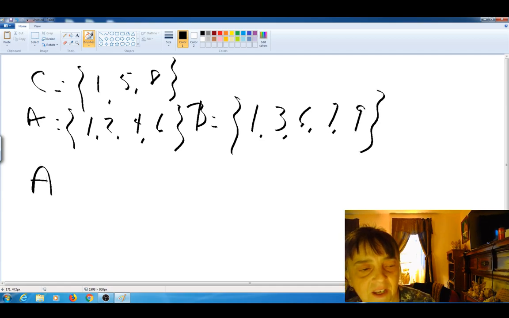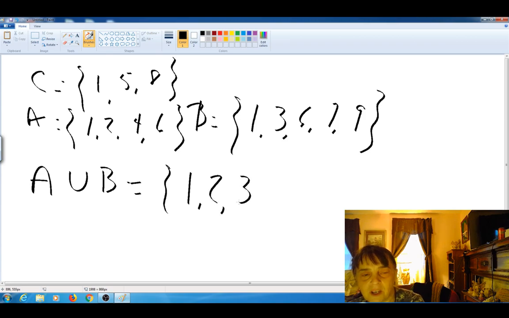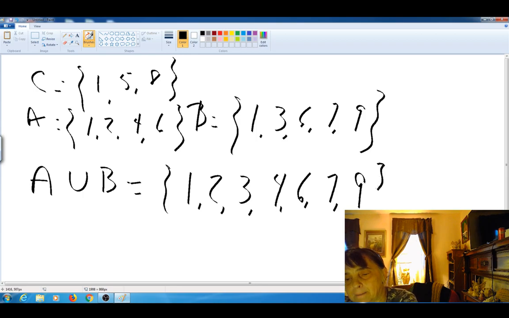A union B is all of A and all of B put together into one set, which is what? 1, 2, 3, 4, 6, 7, 9. And A union C is what?